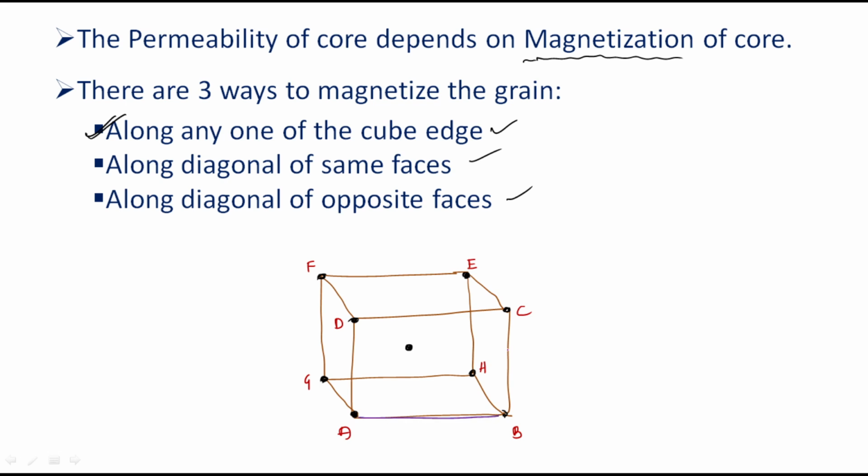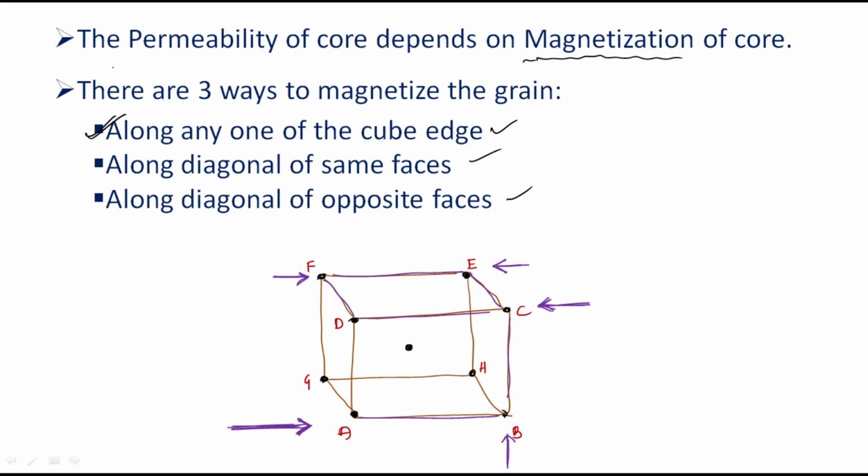Either this edge or this edge or this edge, any one of the edge. Let us say this edge through AB, or through CD, or this edge through BC, or this edge through EF, or this way. So along any one of the cube edge.